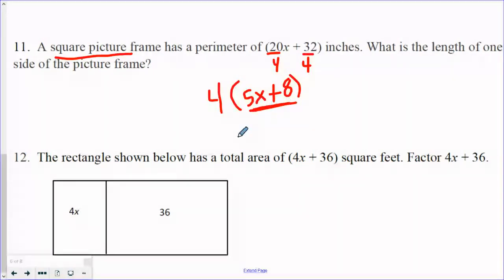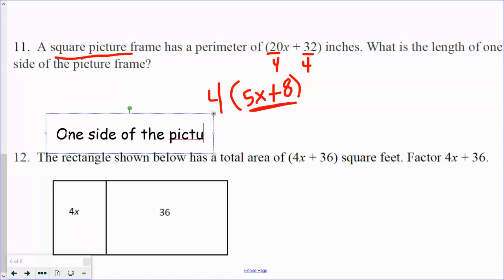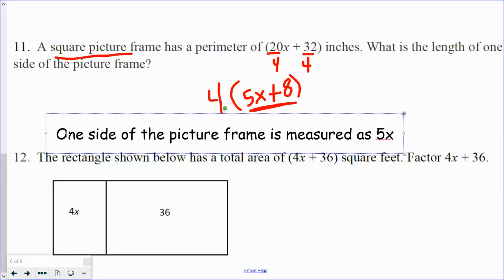That tells me that one side of the picture frame is measured as 5x plus 8. Okay, remember with word problems, you should always restate the question.